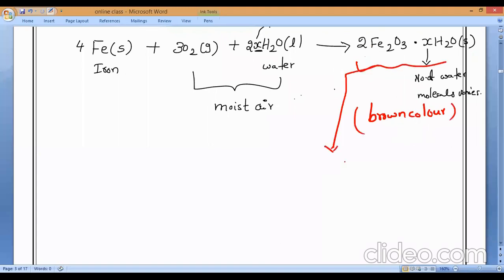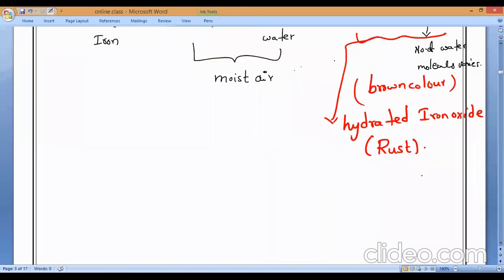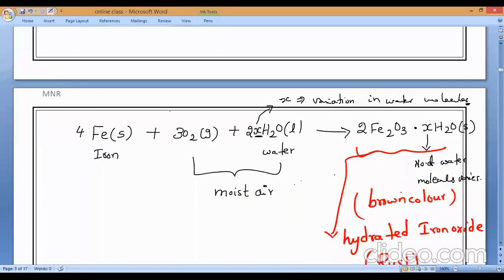We call it hydrated iron oxide. Hydrated iron oxide, which we call rust, the rusting of iron. So this is the reaction of rusting of iron, or corrosion of iron.